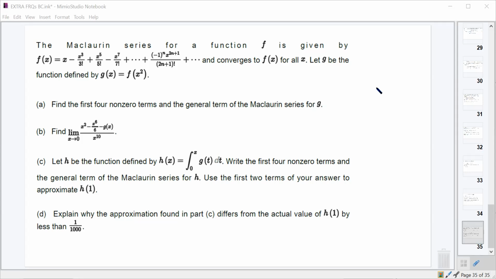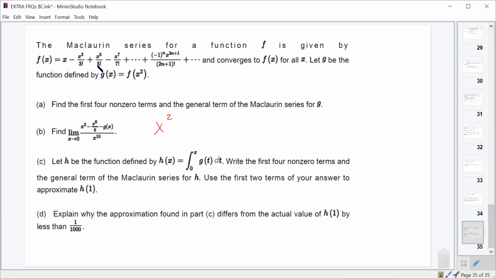All right, so part A. You all got a chance to at least read the first part there. Part A wants us to get the first 4 non-zero terms and the general term for g, and g is just f of x squared. So all we should be doing here is taking the function for f and replacing every x in it with an x squared. So our first term ought to be x squared instead of x.